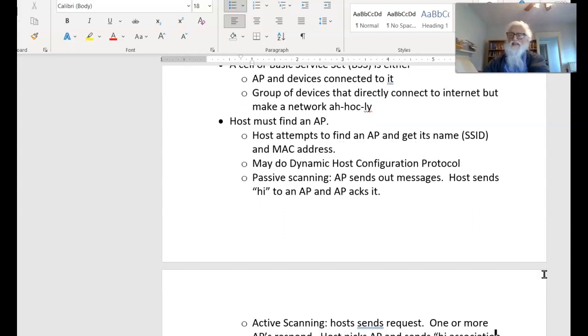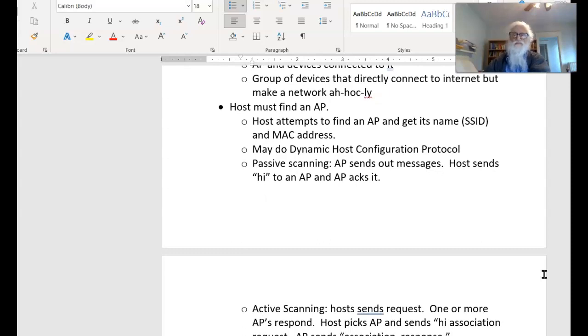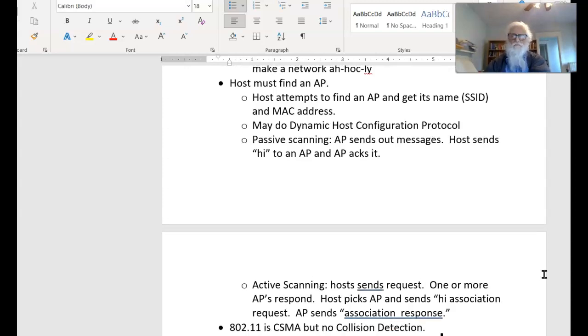Active scanning is where the host sends out a request saying, I need an AP. One or more of the APs respond to that address. Then the host picks one and says, hi, I want to associate with you. And the AP says, fine, I will associate with you.